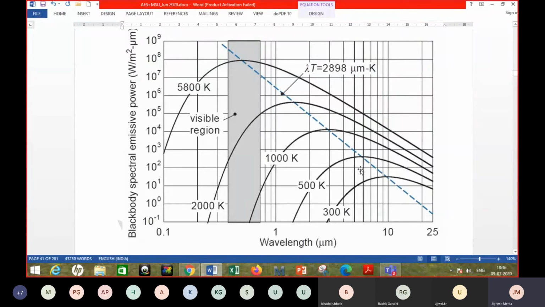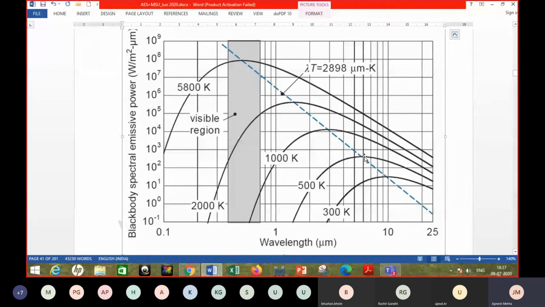So at what wavelength will the emission be highest for 500 Kelvin? It will be highest, as you can see here, at this point. So this must be how much? This is 6, 7, 8, 9, so this must be 5. No, 7, 8, 9, 10, so this must be 6.